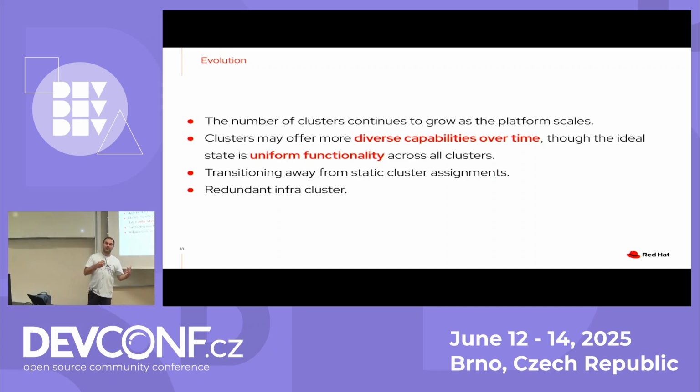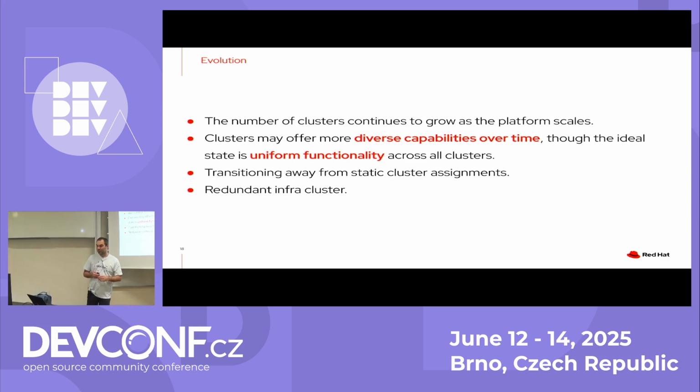There is something about AI, so we need GPU. There is something about strange cloud providers, so we may need that. In the future, it would be the best to have, of course, every cluster the same, but because, for example, the provider is not the same, it cannot be achieved.